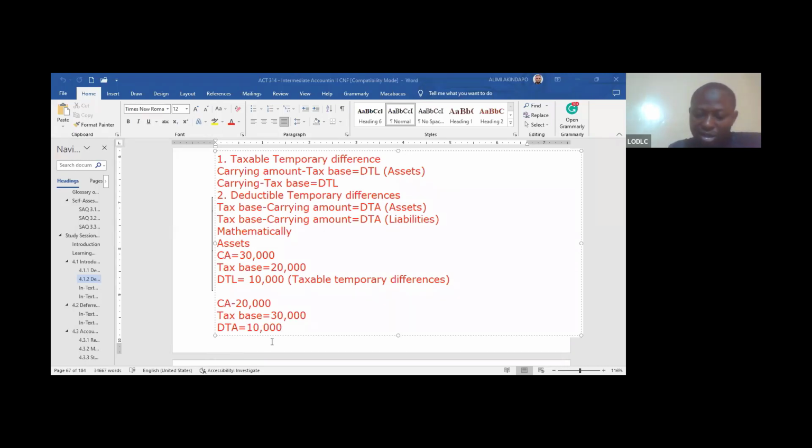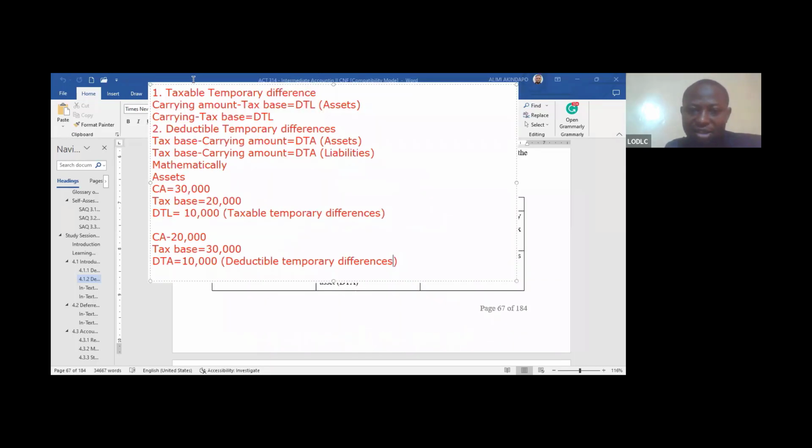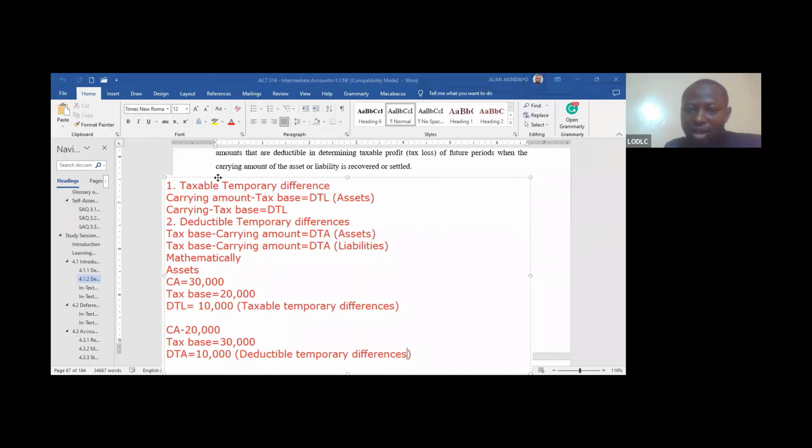So this is deductible temporary differences. So that is that about deferred tax. Now let us forge ahead.